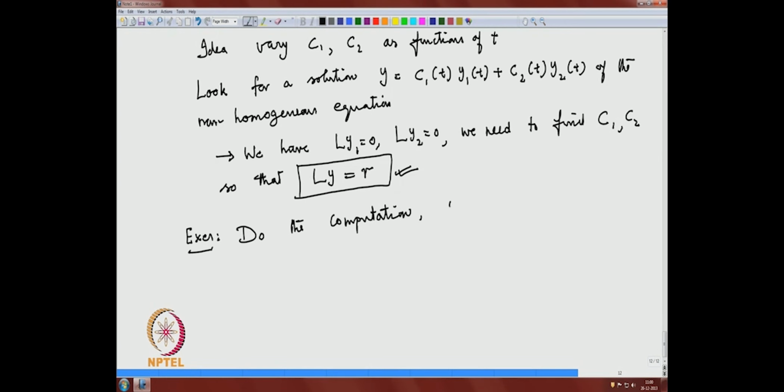What are the computations you have to do? With this you find y prime, y double prime and compute L of y. Substitute it in the operator L of y. So, I will write down the expression here.